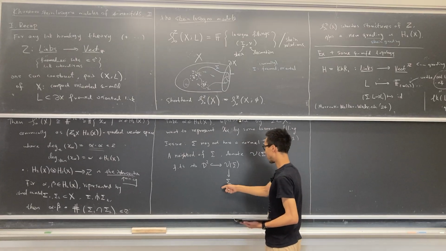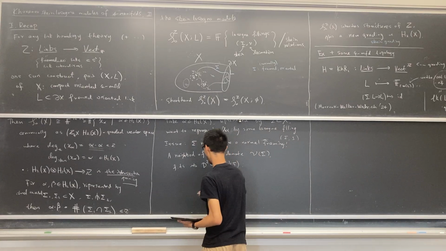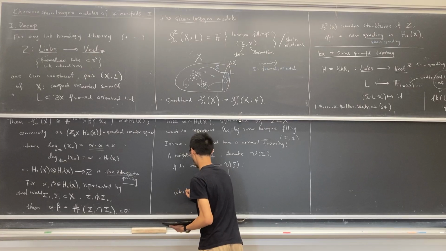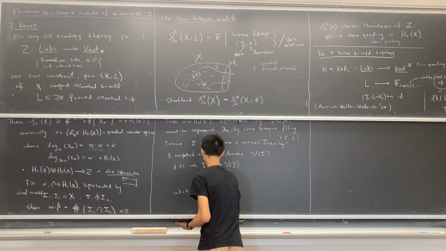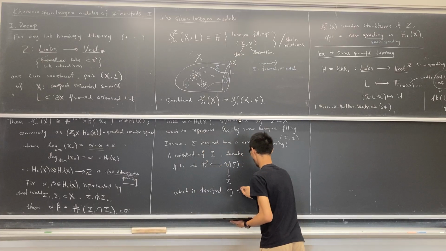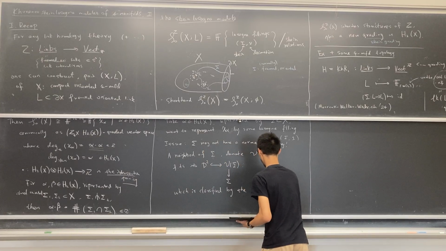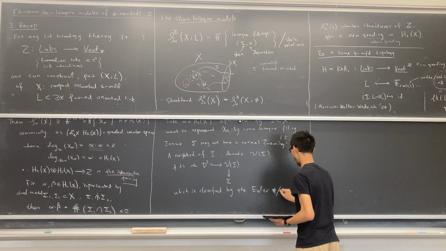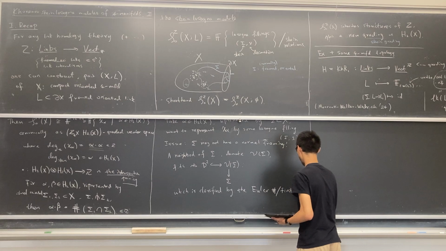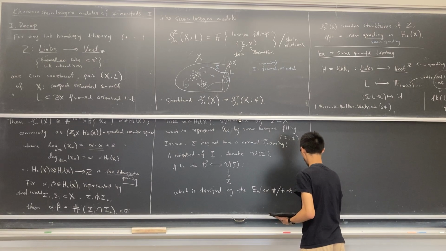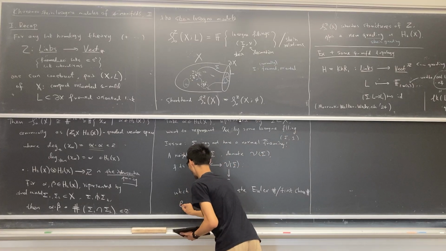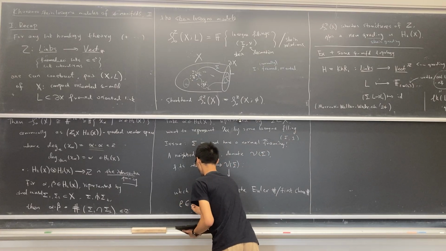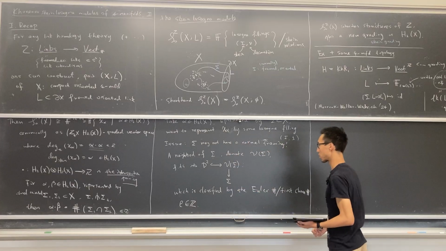Disk bundles over a surface are classified by the so-called Euler number, or if you like, in this dimension it's equivalent to the first Chern number, which is an integer.